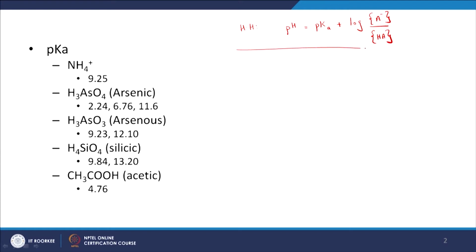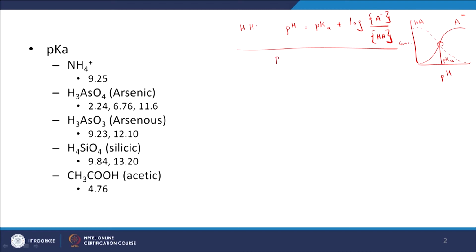Looking at that equation, we can get the relevant graphs, pH and concentration here, and as we see, as the protonated form decreases in concentration, the deprotonated form is going to increase in concentration. Where the concentrations of both are equal, that is going to be the pKa value, right.